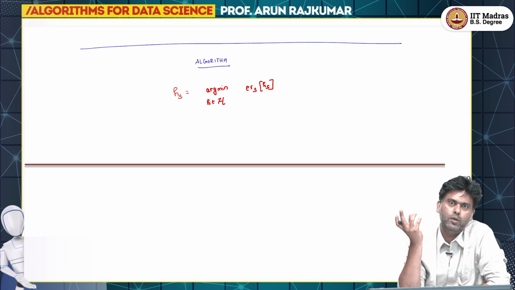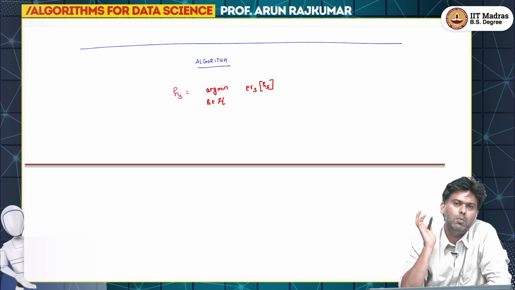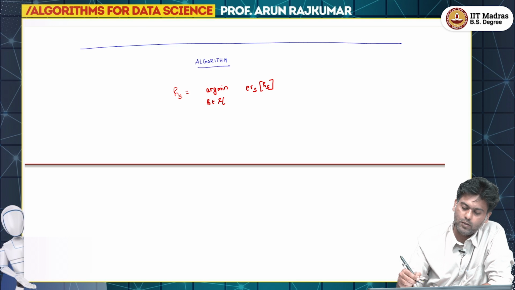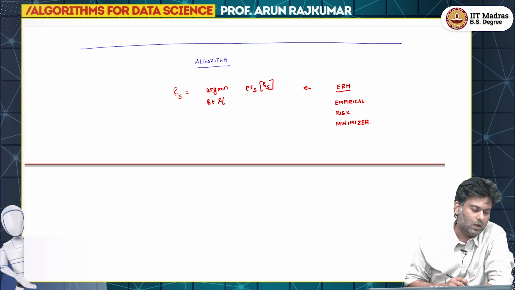I do not know how to compute test errors because I do not know the distribution. So the only thing I can do is minimize the training error. Such an algorithm is what is called ERM, which stands for Empirical Risk Minimizer.